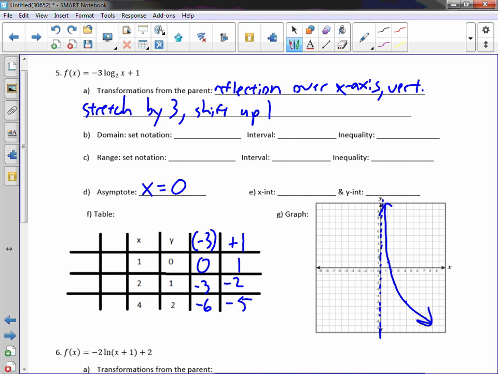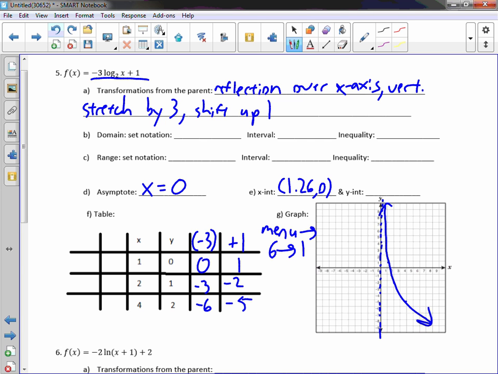X-intercept still works the same way. Graph it, menu, then 6, then 1, click left, then click right. In this case, our x-intercept you'll see is 1.26, 0.